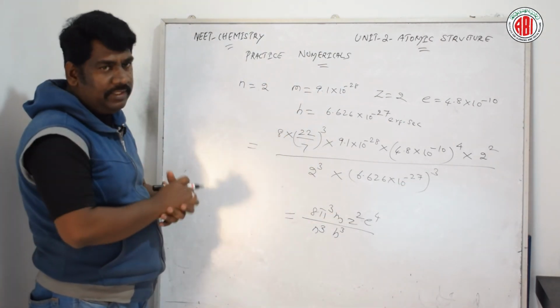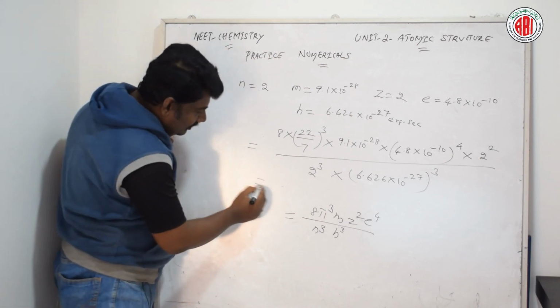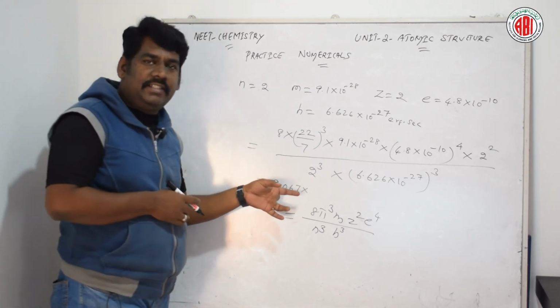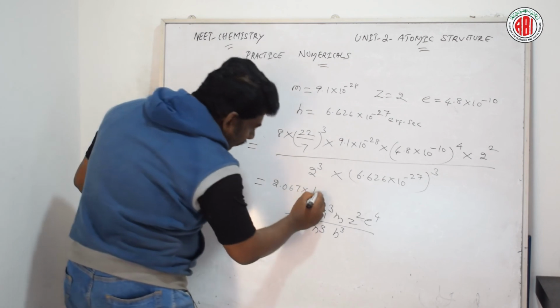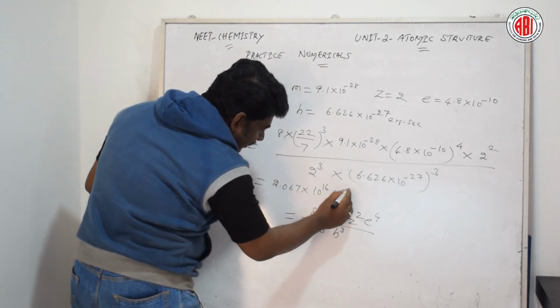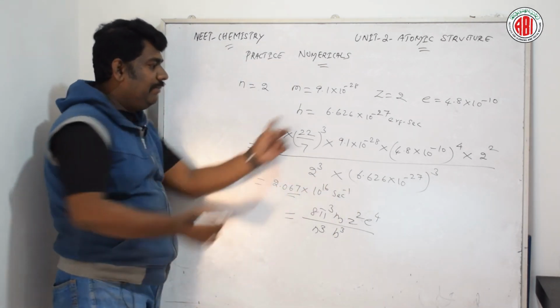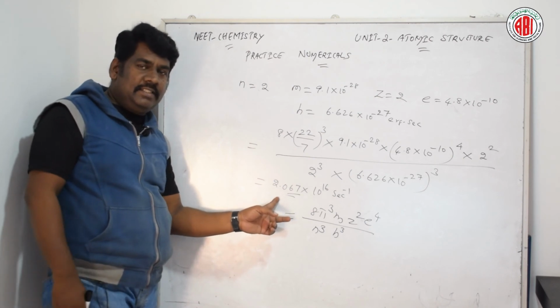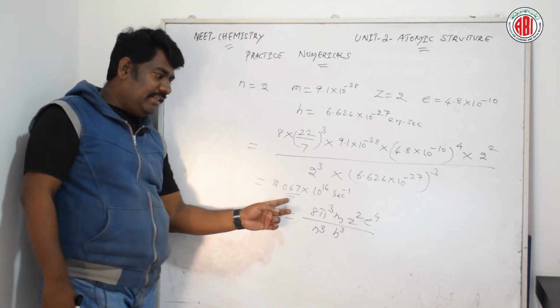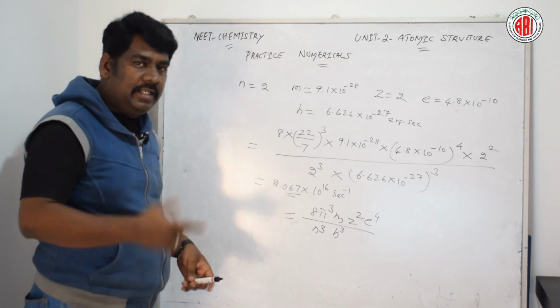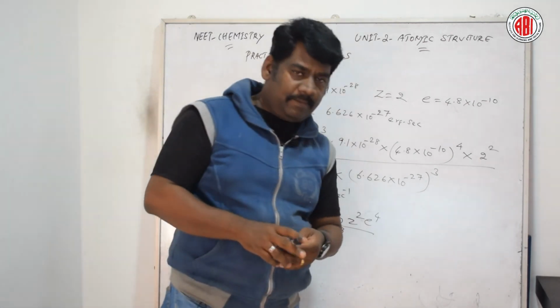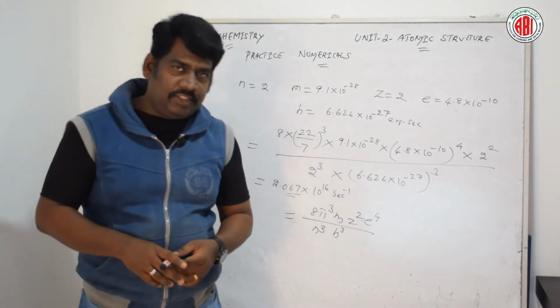Simplifying this, we get the answer, 2.067 into 10 to the power of 16 per second. In this way, we can solve this problem. Let us go for the next question.